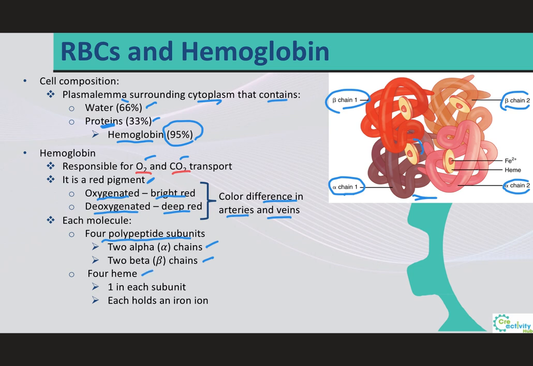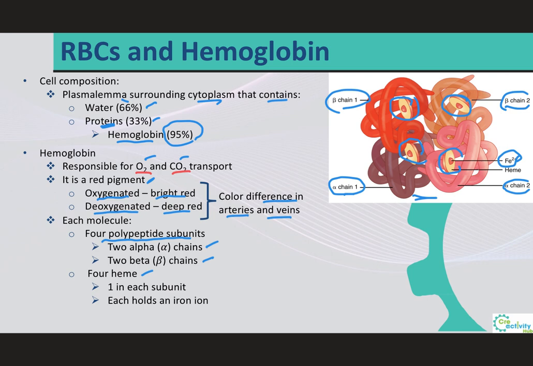And each of these heme units will hold an iron ion in such a way that it can interact with an oxygen molecule. This oxygen-iron interaction is very weak, and this is important because the two will be able to separate very easily without damaging either the hemoglobin or the oxygen molecule, when the oxygen is leaving the red blood cell and going into the interstitial fluid.